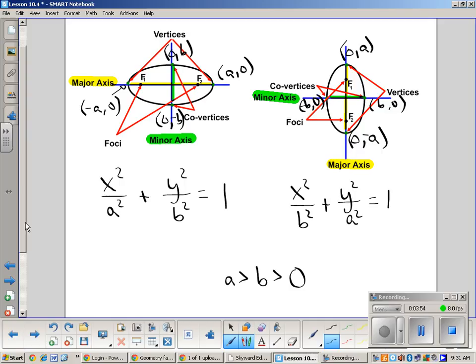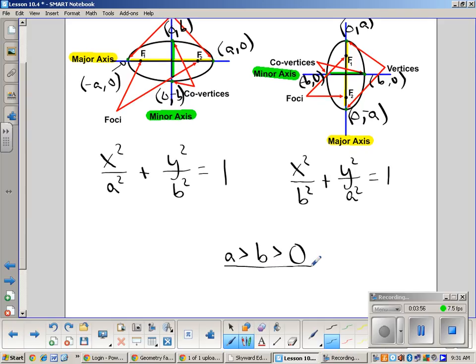Notice down at the bottom here, A has to be a number bigger than B, and they both have to be bigger than 0. Okay? A has to be bigger than B, and they both have to be bigger than 0. So when A, the bigger number, is underneath the x, then the ellipse lays in a horizontal manner.